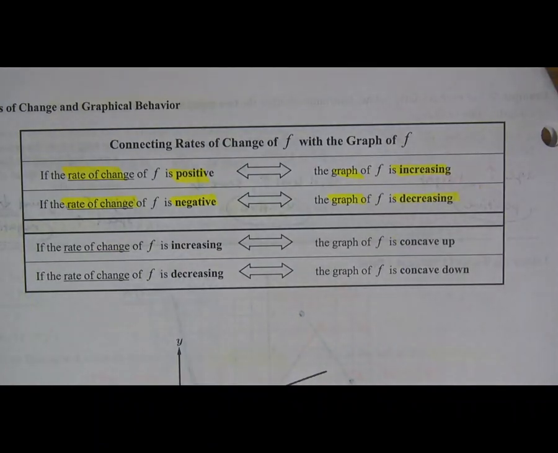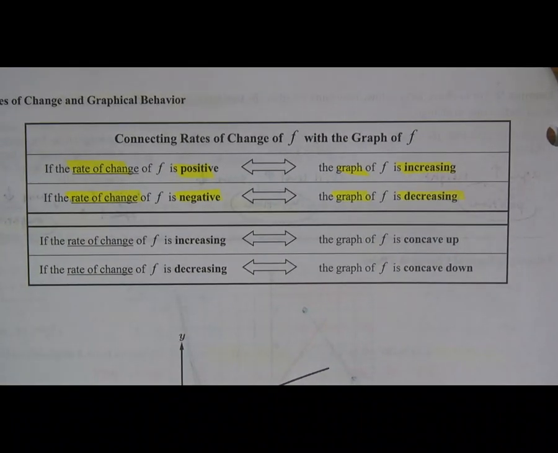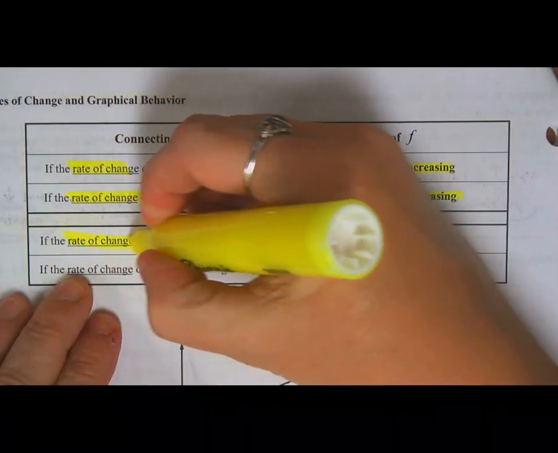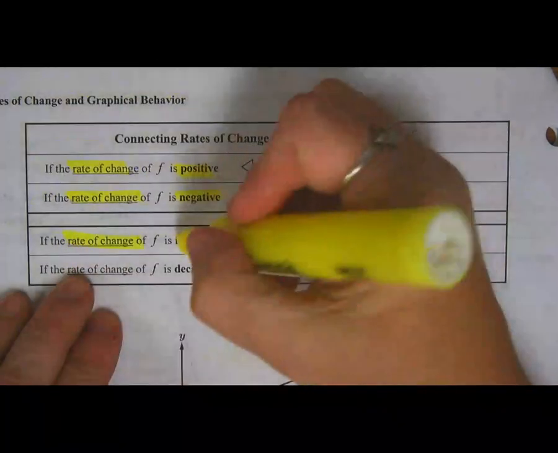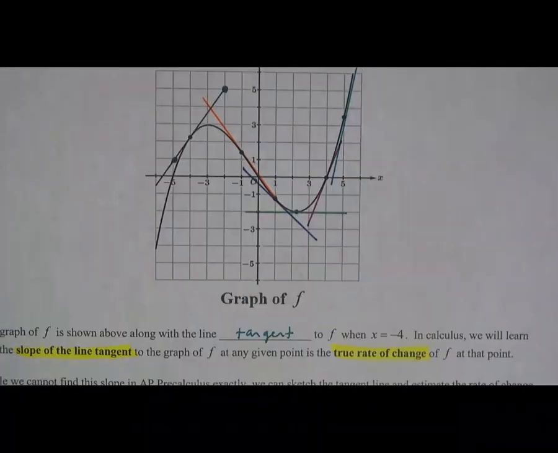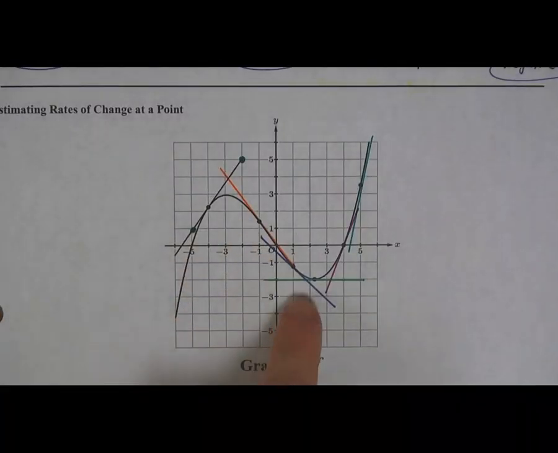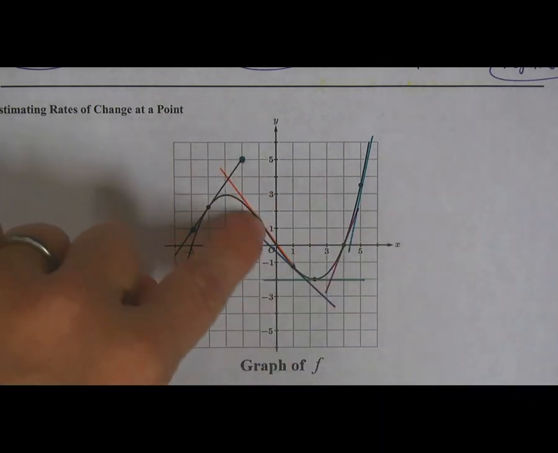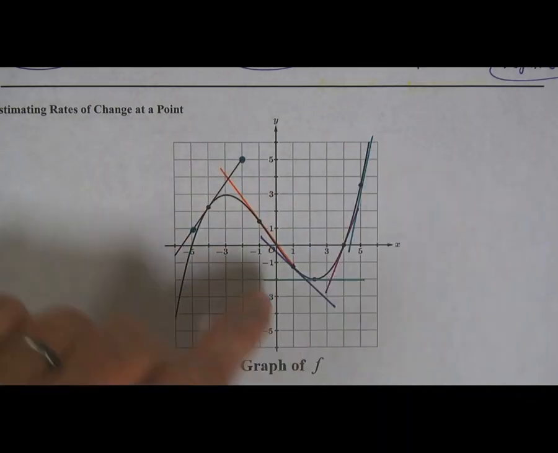You're not going to have any trouble with that. Here's where things get interesting, and you're going to have to practice over and over until it just clicks. If the rate of change is increasing, like what I just showed you when I paused, from orange to purple to green to pink to blue, the rate of change is increasing. That means the graph is concave up.